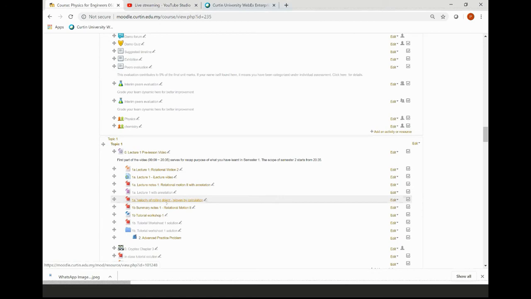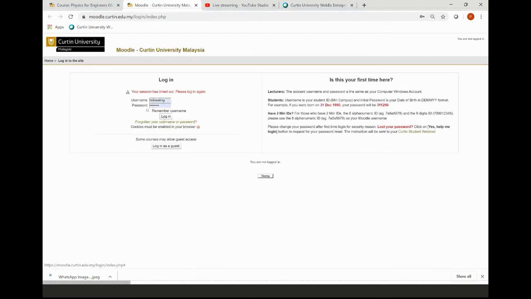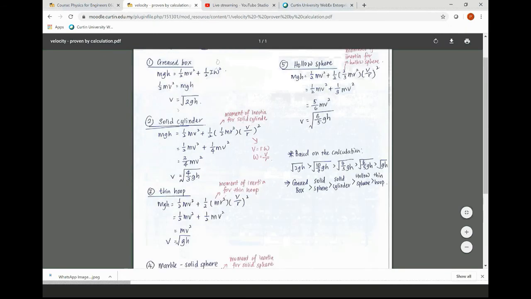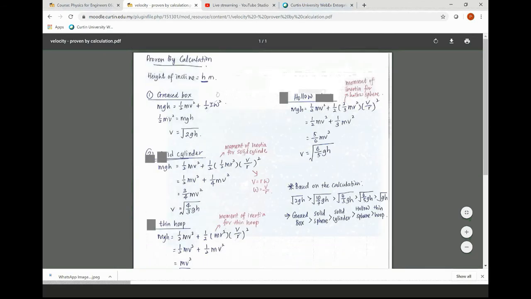If you click on this one, these are the list of calculations shown with different shapes, right?